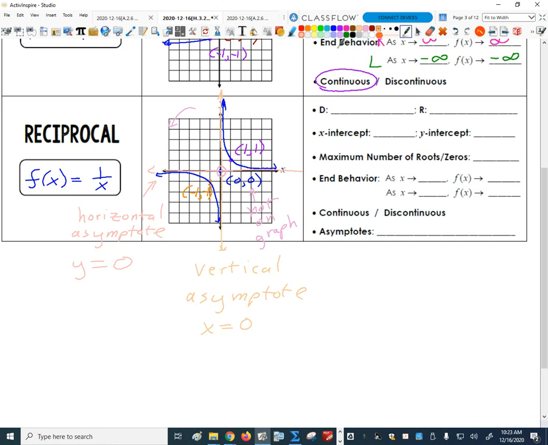What's the domain going to be for this function? What's the domain for my reciprocal function? What do you think, Maria? Does it ever reach 0?